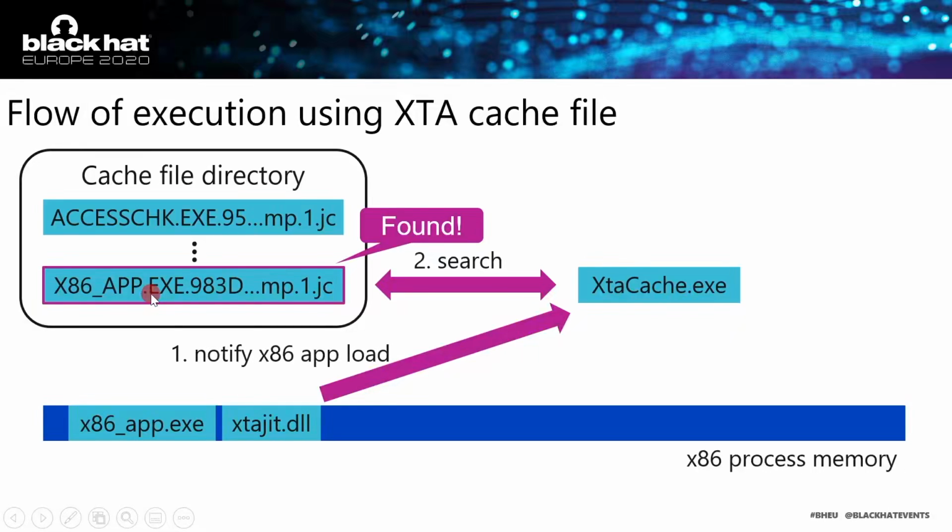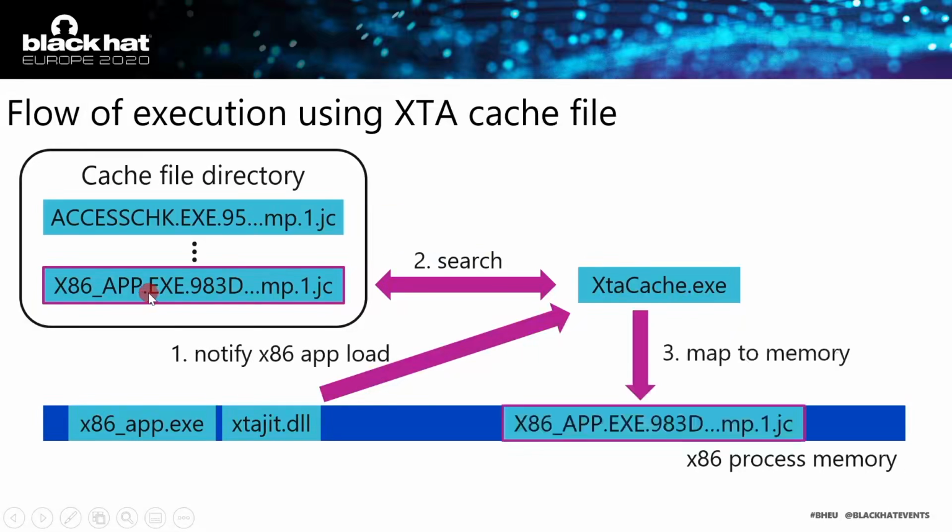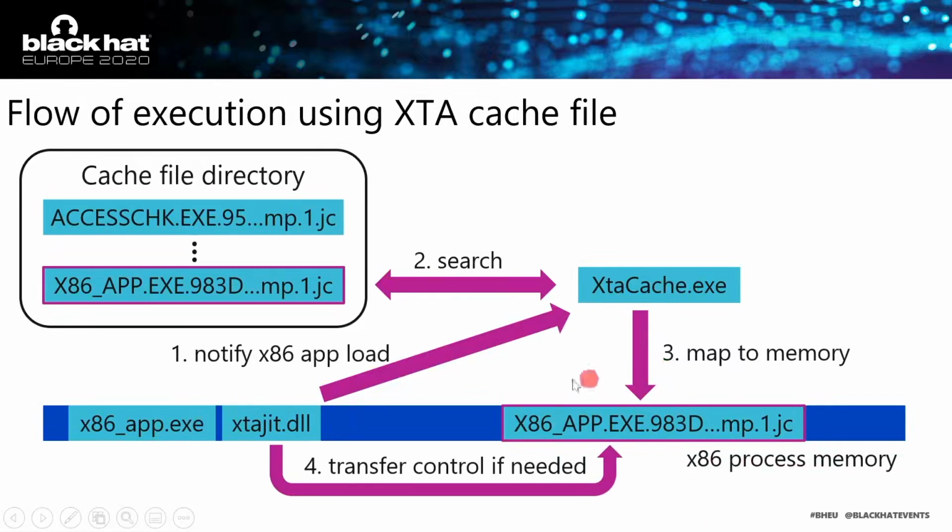If it finds a cache file for the application, then this XT cache file is mapped to the memory with read and execute protection. Then threads of this process transfer the control to the cache file if needed. If the thread encounters a code block that is not in the cache file, it translates some code blocks dynamically and writes the content to the heap region, then transfers the control to the heap region.